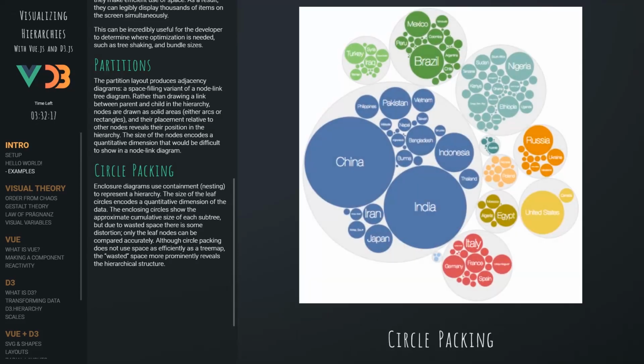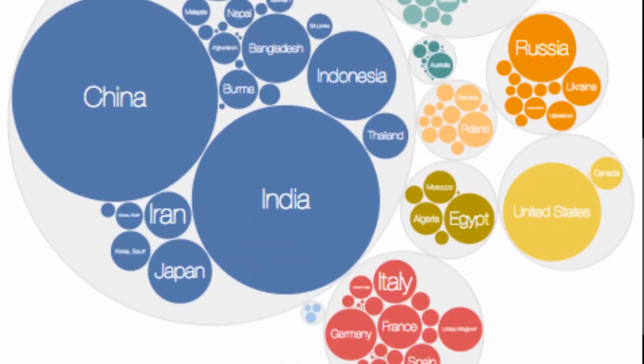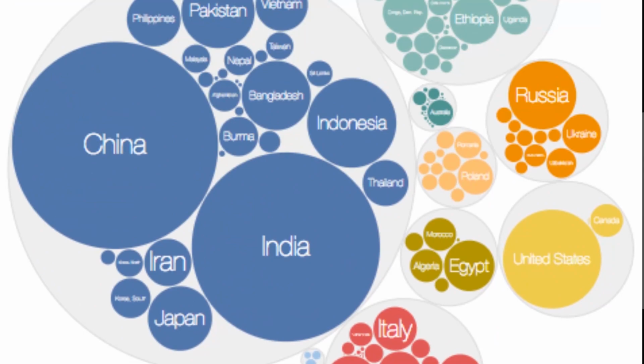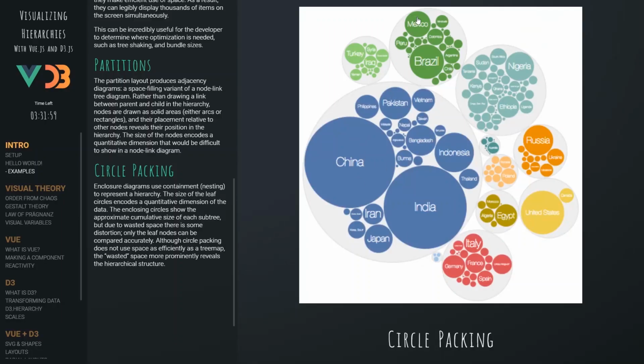And then we have circle packing. Circle packing is the same approach as a tree map, in which it doesn't show links to different nodes. It nests them in their area. You can see here, this is the population of the world, and for each section, we have our regions and our subregions.